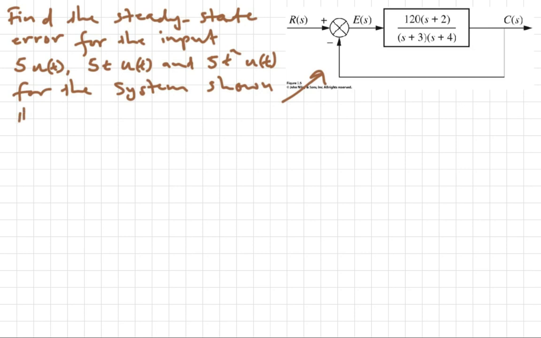The function u(t) is the unit step input.